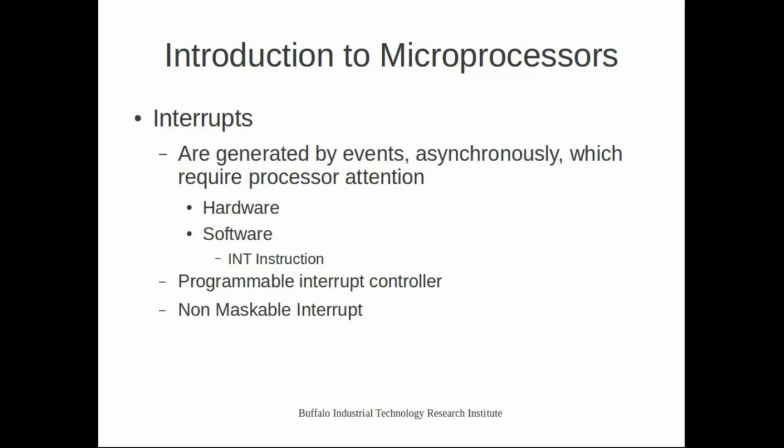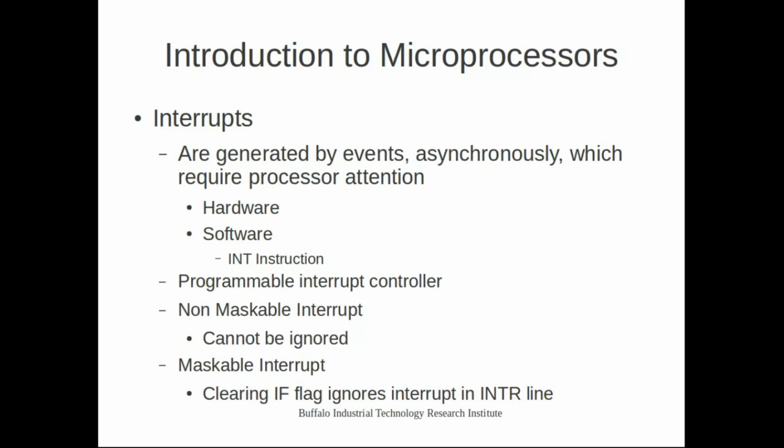They can't be ignored. While a non-maskable interrupt is executing, no other interrupts can preempt the processor. And there are maskable interrupts, which can be stopped by changing the interrupt enable flag in the status register. Clearing the IF flag in the status register ignores interrupts on the INTR line.